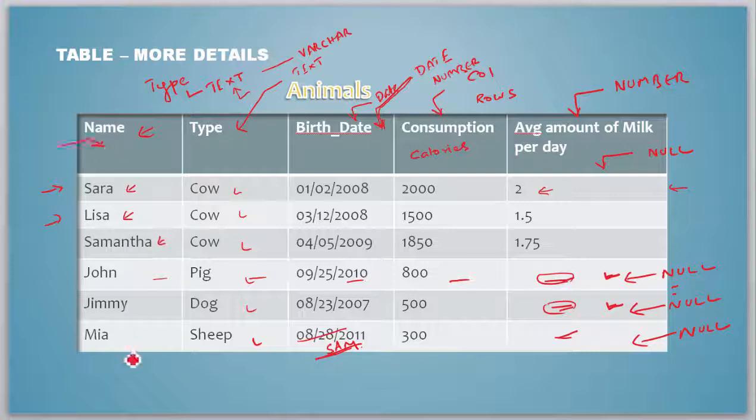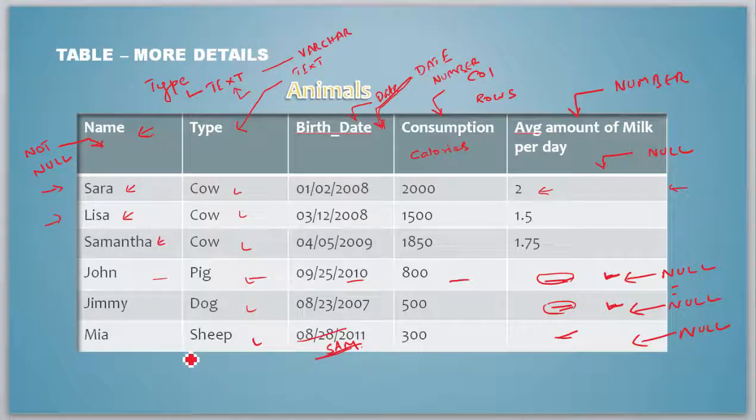This column, you don't want to have a null value here, because the way it looks, this column is very important. So this column can be configured as not null, meaning that you have to have some value here.